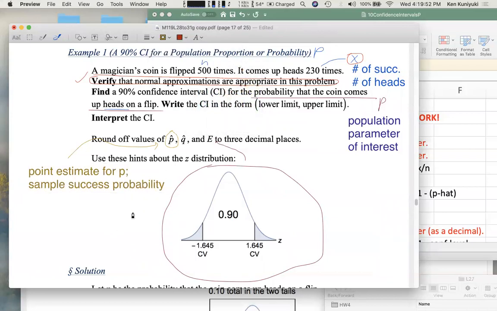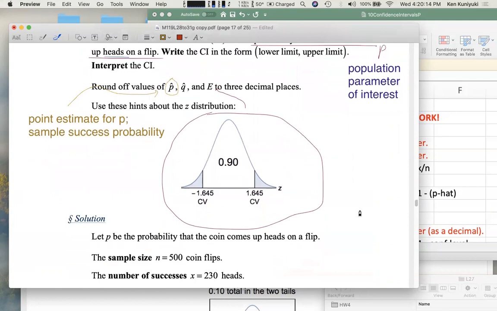Okay, well, use your common sense. What's our best guess for the true probability that this coin comes up heads based on our sample data here, our sample statistics here? Well, the coin came up heads 230 times out of 500. P-hat is going to be x over n. That's a formula.